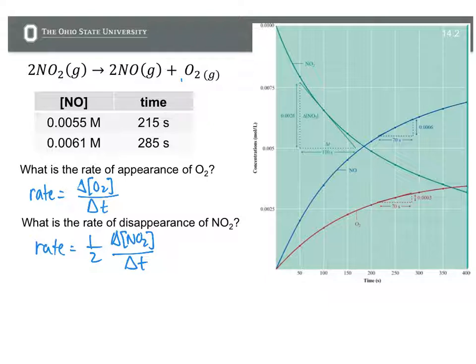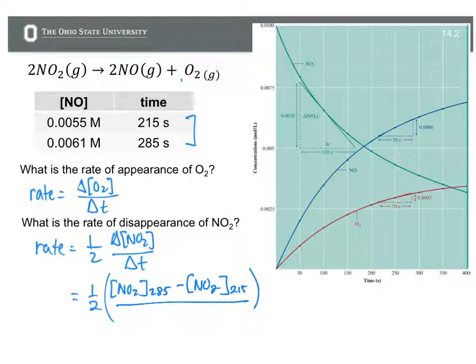So if you were to calculate the rate between these 2 times with the data given, you're going to have 1/2 times the concentration of NO2 at 285 seconds minus the concentration of NO2 at 215 seconds, divided by the 285 seconds minus the 215 seconds. I didn't actually work out this number.